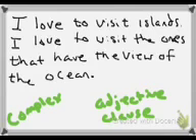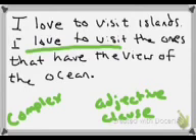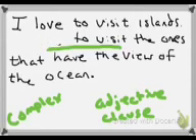Now notice in here, we have I love to visit, I love to visit. It's just repeating, and it gets repetitive. No one wants to read that. So we want to erase that.